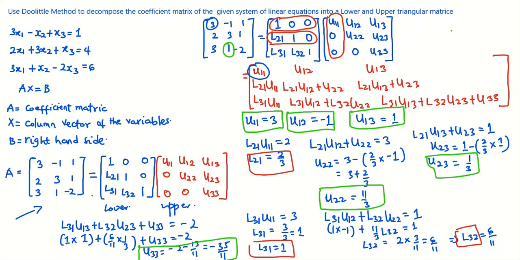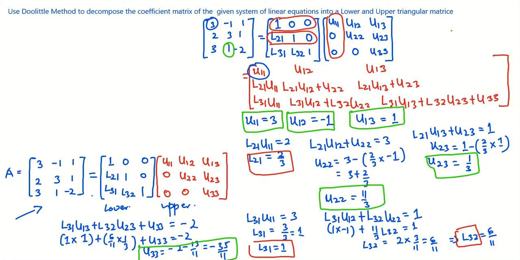Now let's go and complete our matrix. I'm going to be cleaning and inserting the values there. Let me free up some space and rewrite this. So now let's start with the lower triangular matrix. For the lower triangular matrix, we're going to have 1 0 0.